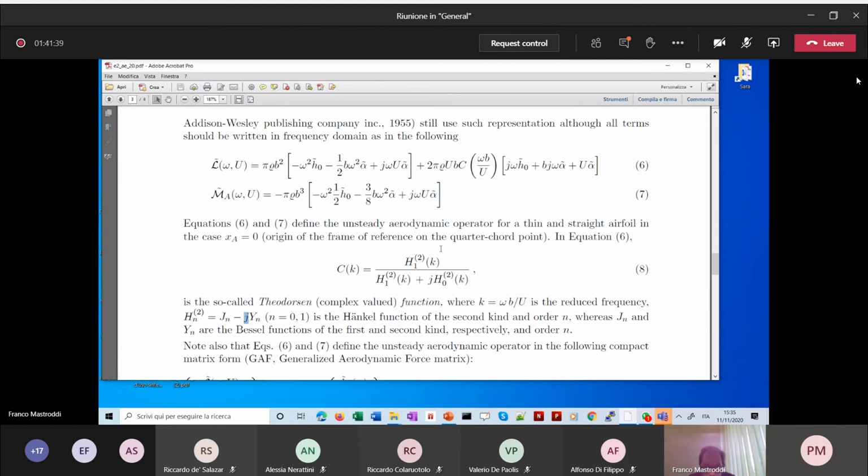And with the Hankel function here, you can build your Theodorsen function. Okay, so analytically, not considering panels, but considering space continuous aerodynamics, you will have as a limit concept not an e to the power, but you have Bessel functions of the reduced frequency. This is the result of the theory.